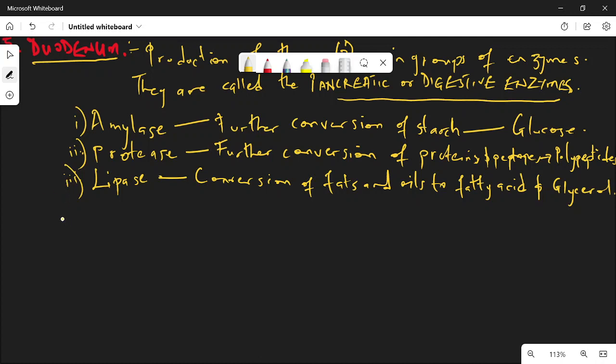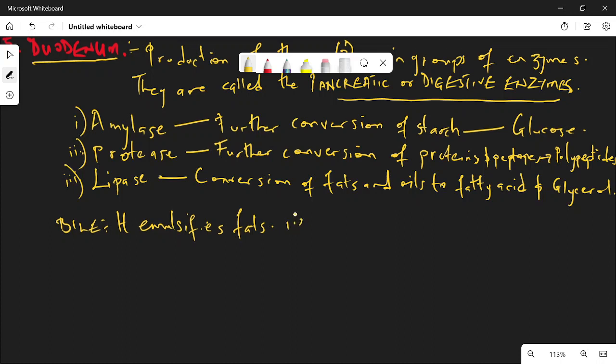It is referred to as the bile. The bile emulsifies fats.